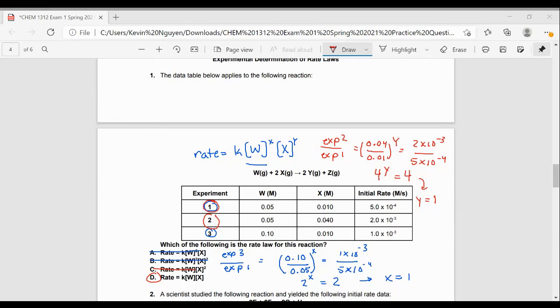Did anyone have any questions on how to do this data table? Looks like we need to go take a look at 3 in the last page real quick. So I'm going to go ahead and scroll back to number 3 in the last page.